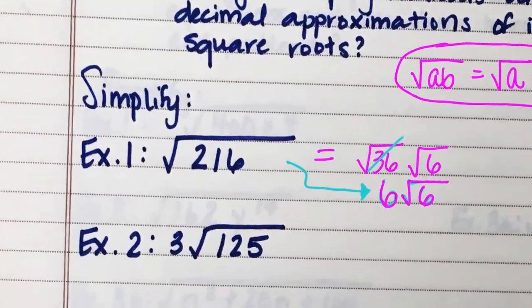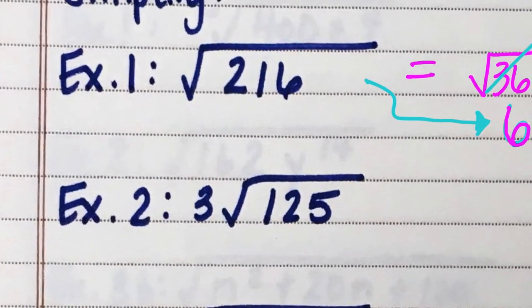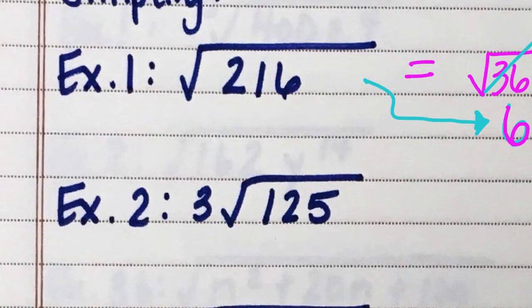Now, let's look at this one. Anything with a 5, if you think about quarters, like 125, quarters can go into 125. How many quarters go into 125? Good, we can do 5. So this is saying 3 times the square root of 125, and 25 times 5 is 125. So I'm just going to split those radicals up, knowing that 25 can pop out to be 5.